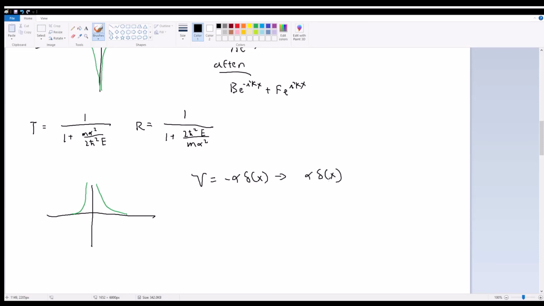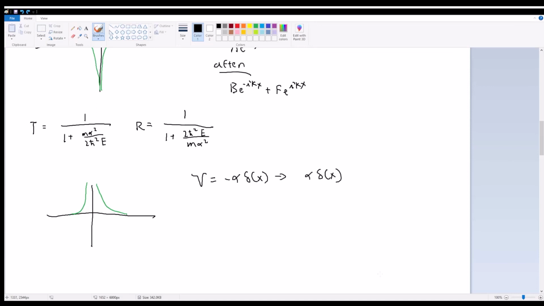That's not too bad. The more interesting thing is that the transmission and reflection coefficients aren't affected at all, because these are based off of alpha squared, not alpha. So by changing the sign, we don't do anything. The probability of a particle making it through a barrier versus a well is pretty much the same thing. There really is not a difference.